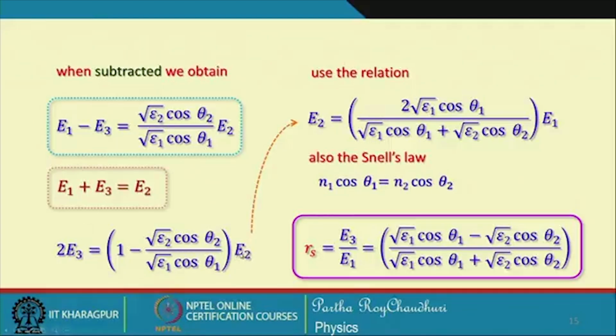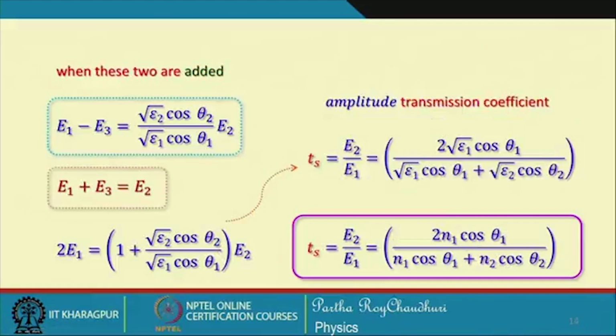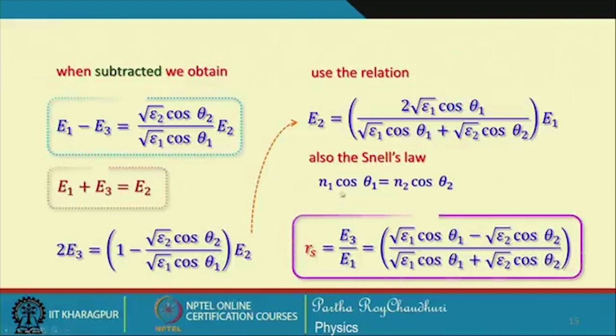So, I will have to replace this E2 in terms of E1, knowing the E2 E1 connection from the previous relation, that is the transmission amplitude, E2 and E1 are related in this way. Therefore, we can use that relation for E2 equal to this quantity times E1, and also from Snell's law we can write n1 sine theta 1 equal to n2 sine theta 2. Using this we can arrive at this equation.